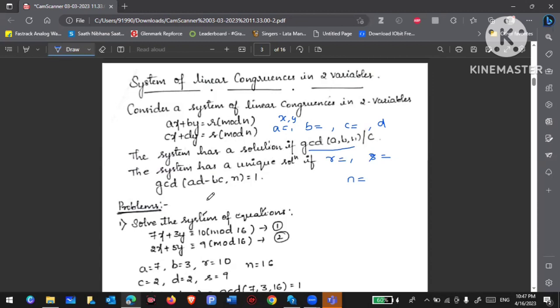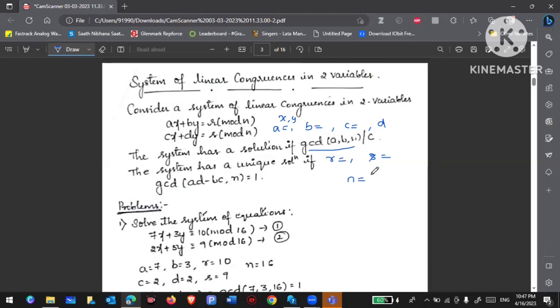The second one, we'll find the GCD of ad minus bc, n. Here we have all these values. The a value and d value multiplied together is ad. The b value and c value multiplied together gives bc. Subtract these two and we get ad minus bc, comma n.